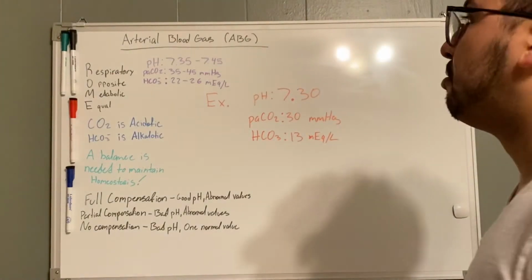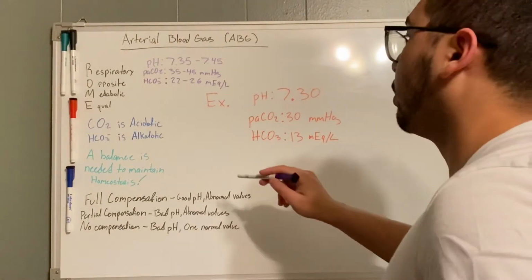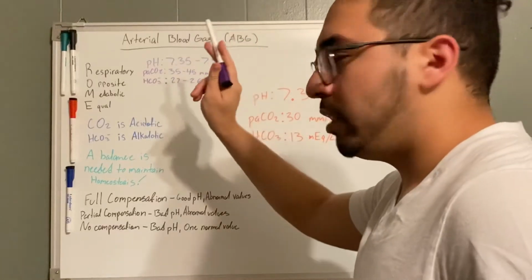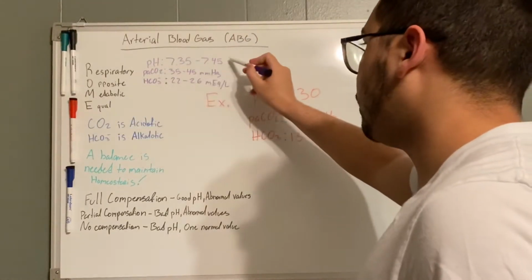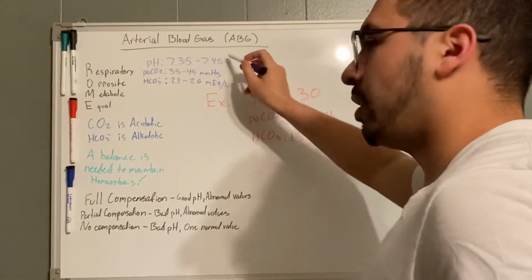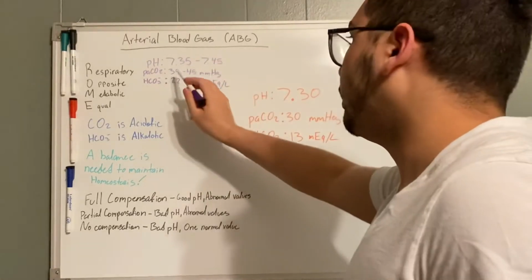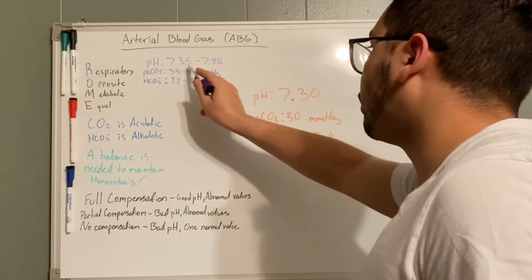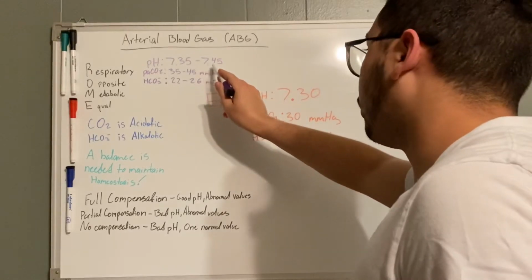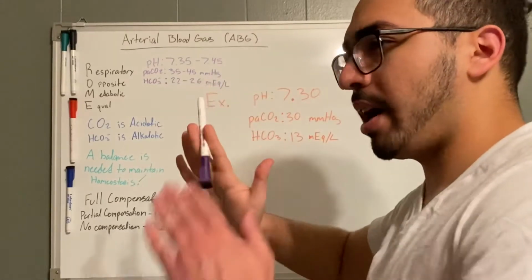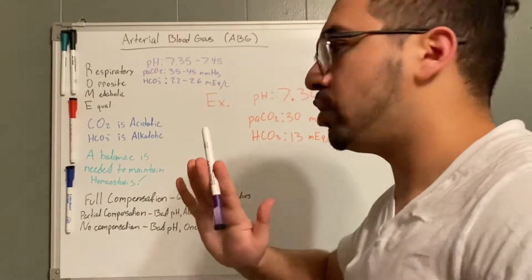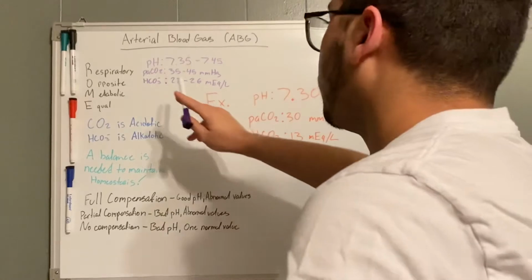So to start off, ABGs measure, you mainly want to worry about these three things here. Number one is pH, blood pH. It's a very narrow range. It needs to be between 7.35 and 7.45. It has to be within that narrow range. That's the homeostatic range.